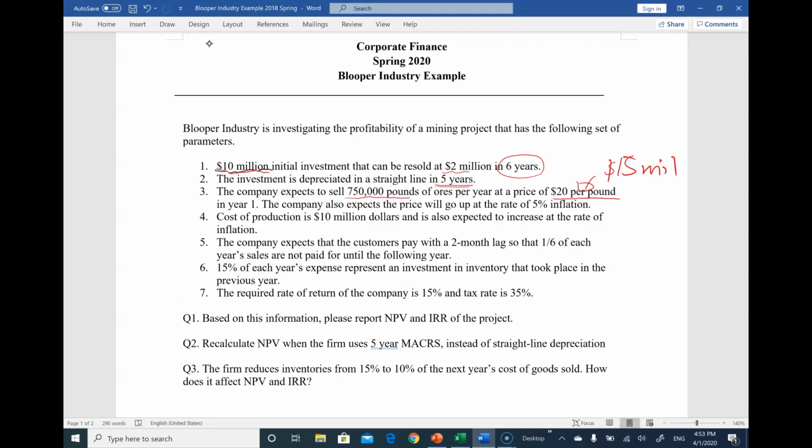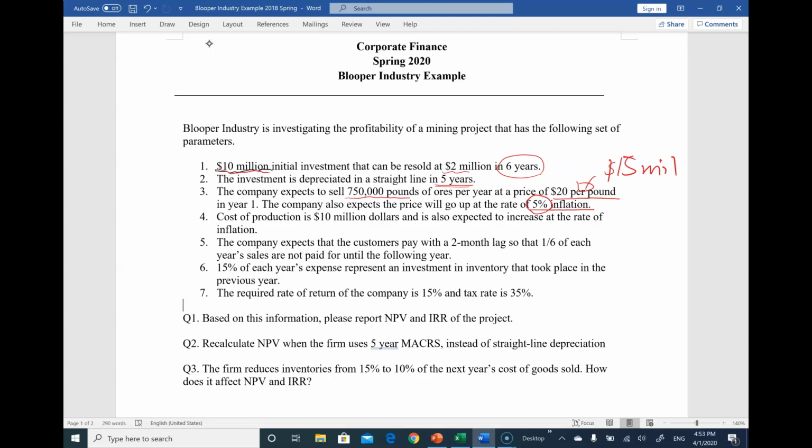revenue for each year. The difference between this one and the slick razor case is that now we are considering inflation. The company expects the price of the ore to go up at the rate of inflation, which is expected to be 5%.